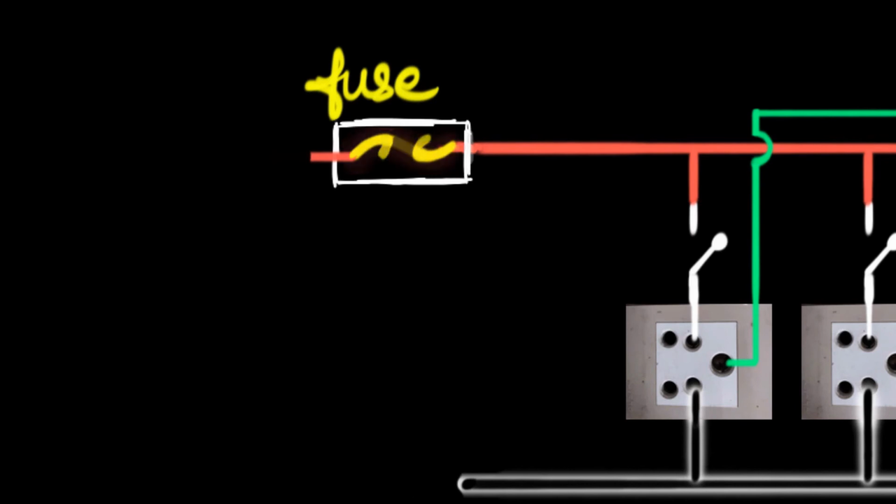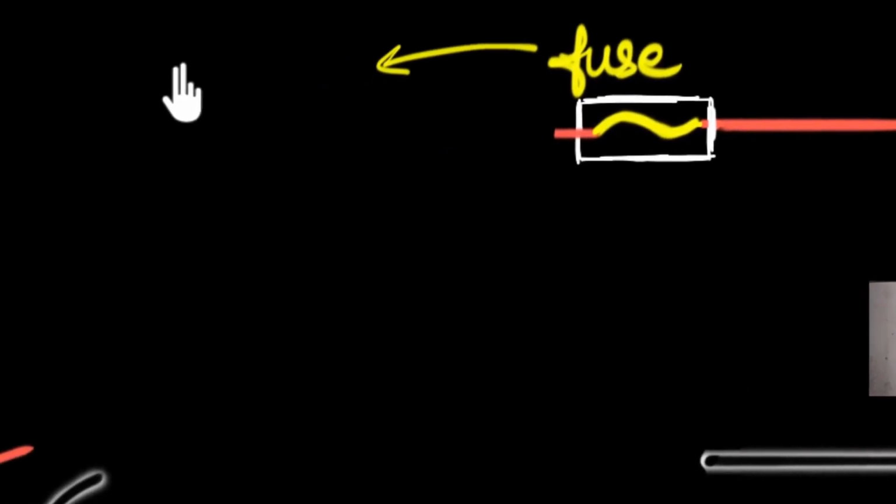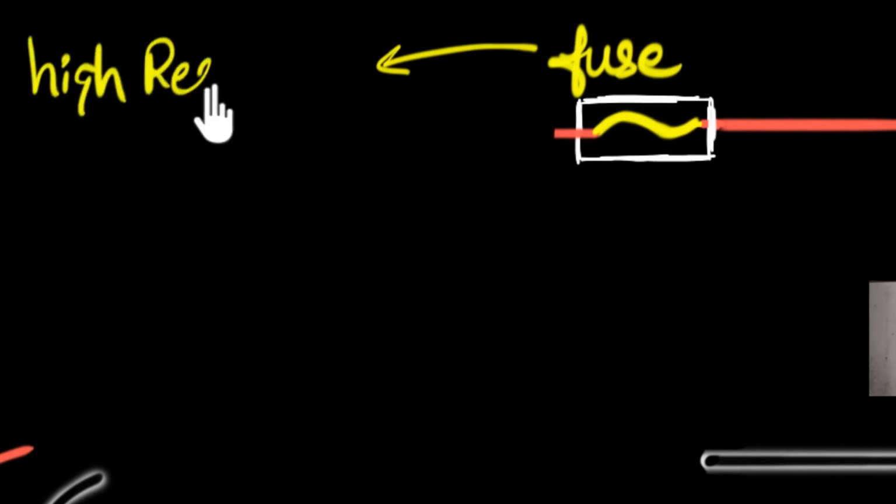And how do we build a wire like that? Well, what are the properties of this wire, if you're wondering? A couple of important properties would be, one, it needs to have a very high resistance compared to the rest of the wires. Why? Because a high resistance ensures more heating effect. We have seen that before, right? As the current flows through any object, if it has more resistance, it will have more heating.